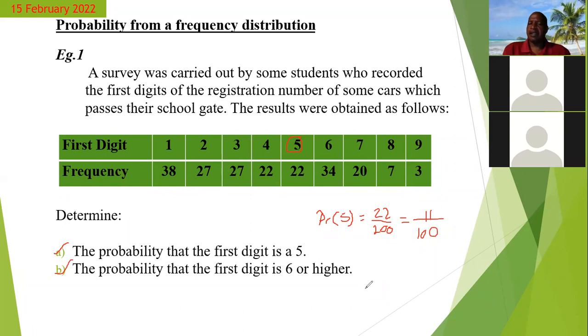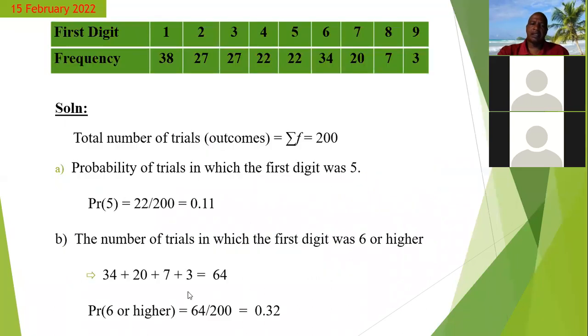Can somebody calculate that and tell me? Sir, would it be 64 over 200? 64 over 200, it is. All right, so remember it asks you 6 or higher.